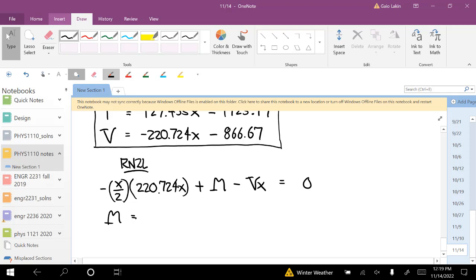plus this thing. So Vx is negative 220.724x squared minus 866.67x, and then plus 110.362x squared.